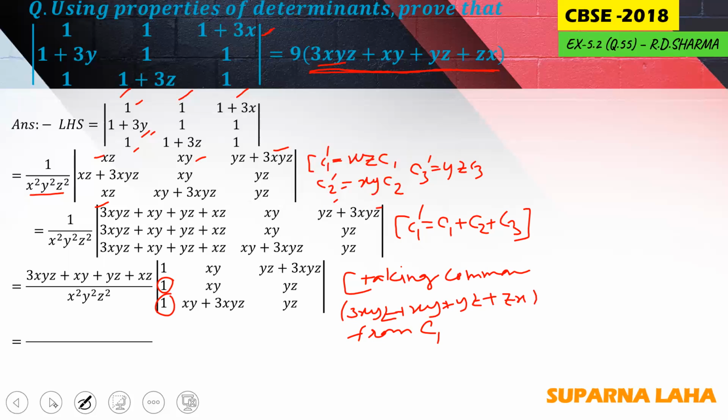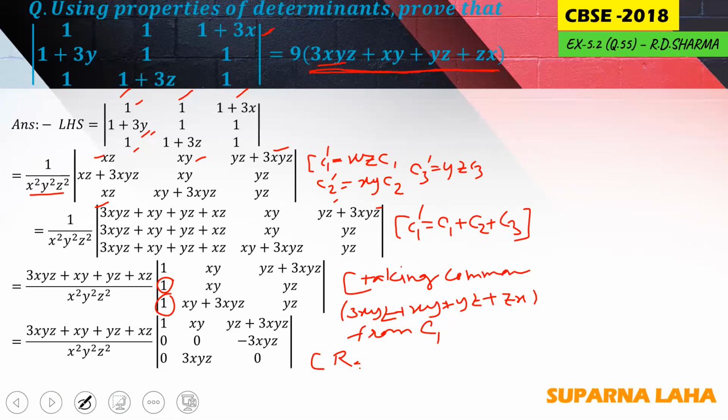Now make these elements 0, that is R2 minus R1 and R3 minus R1. So R2 dash is given by R2 minus R1 and R3 dash is given by R3 minus R1. I'm not repeating the calculations.